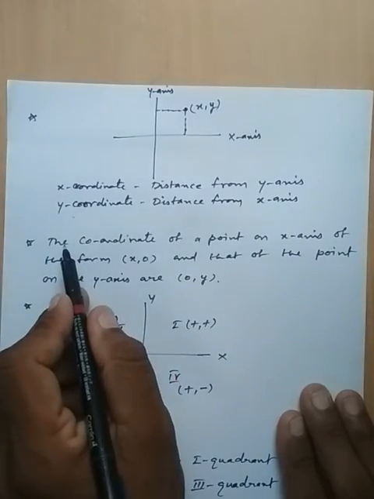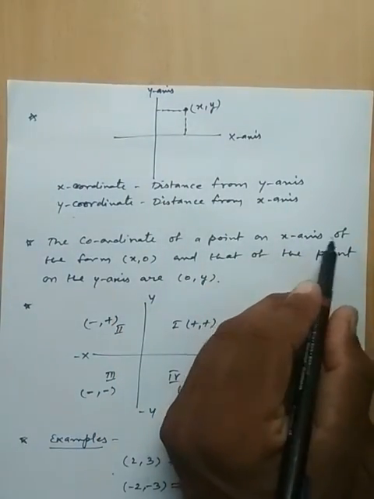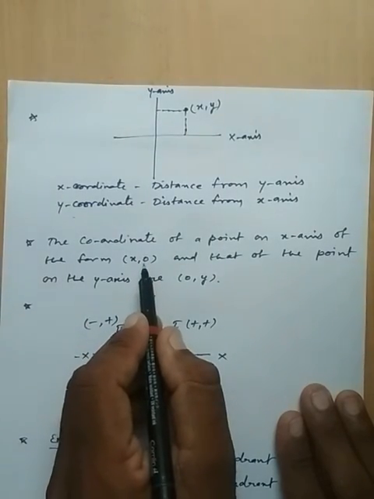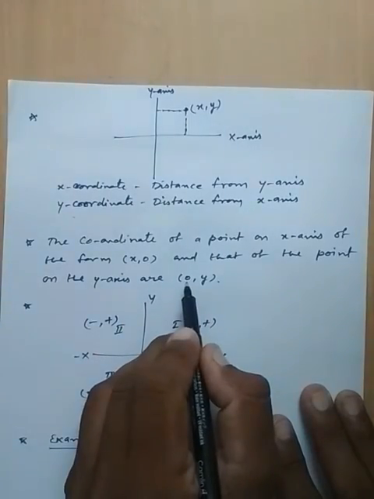And the coordinate of a point on the x-axis is of the form (x, 0), because on the x-axis the y coordinate is 0, and on the y-axis the x coordinate is 0.